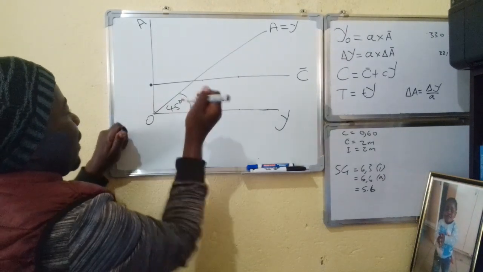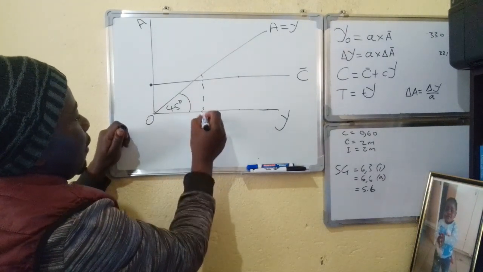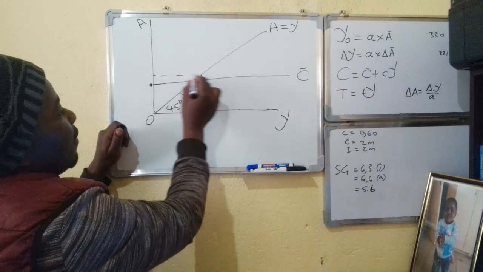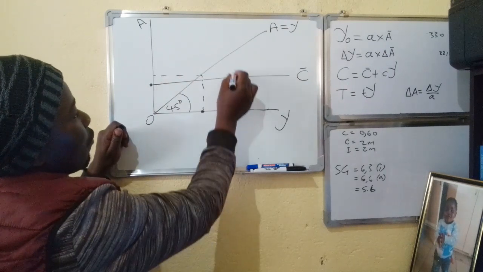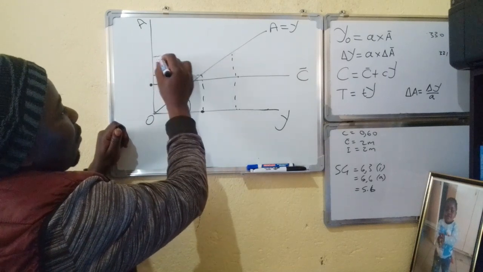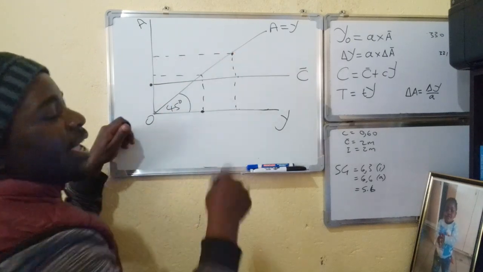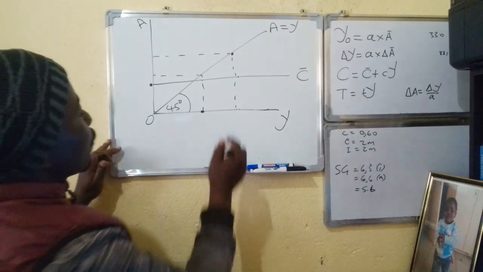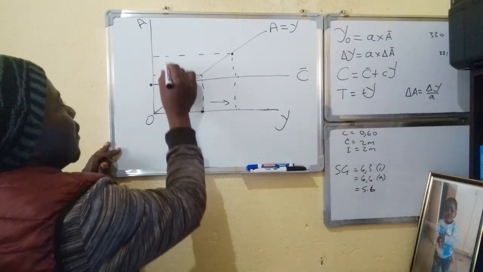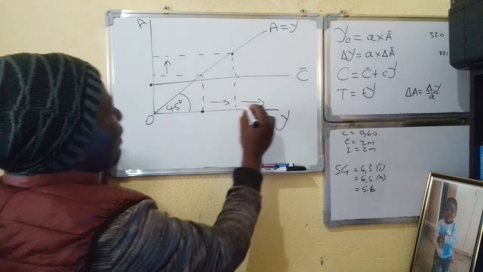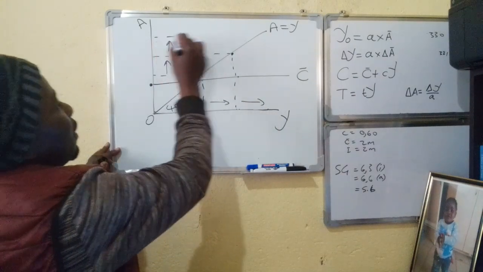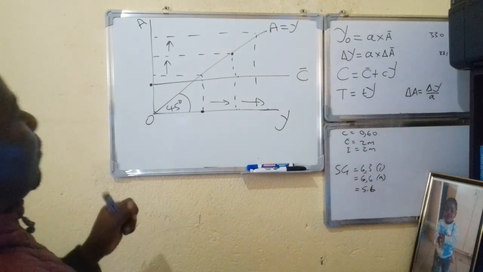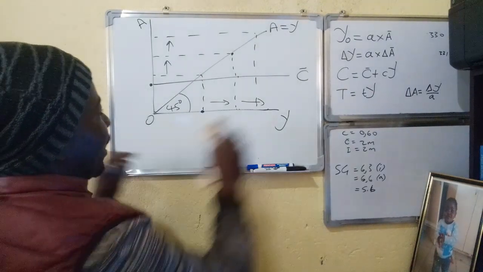When income levels are here, the expenditure is here. When income levels grow, the consumption expenditure grows, but this is the induced. It's induced by the levels of income. Can you see? So as income levels increase, that consumption increases. Okay? Sharp. I know you are following again.